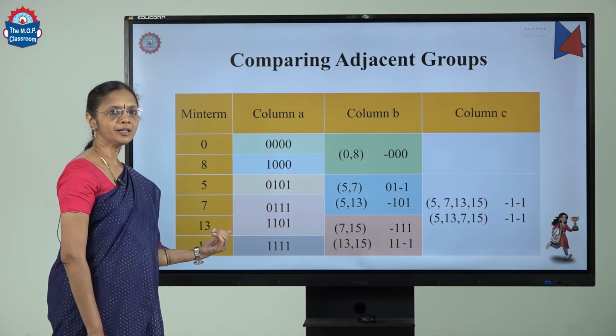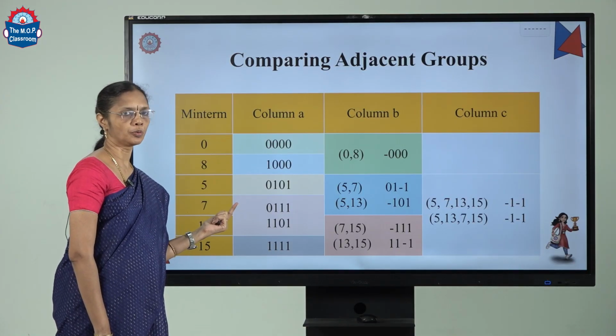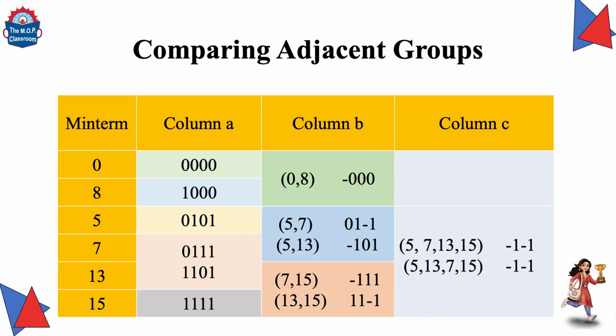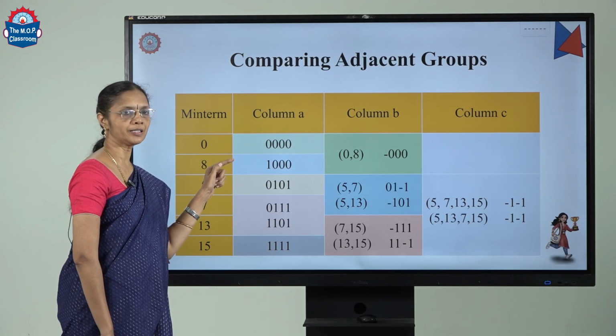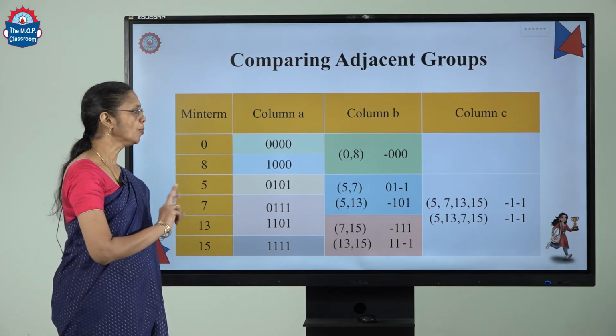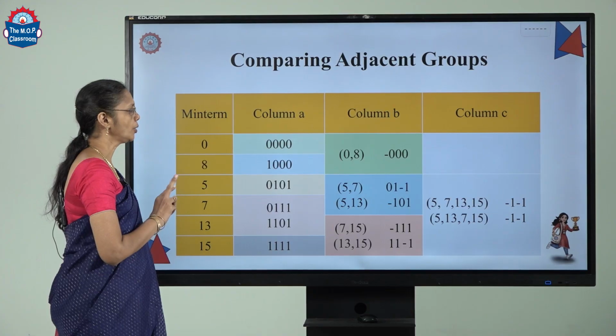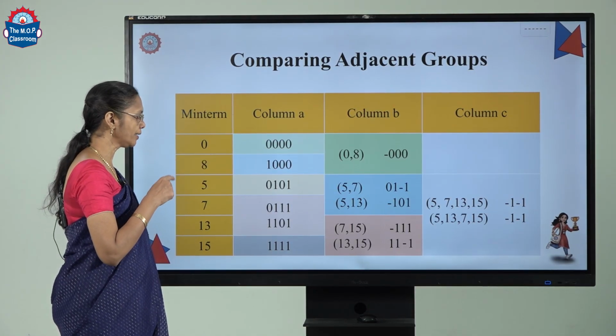In column B, you consider the first one as group 1, group 2, group 3. Take the digits in group 1 and try comparing it with the digits in group 2 of 5, 7. This is not possible because you have more than one digit which differs. So try comparing it with 5 and 13.